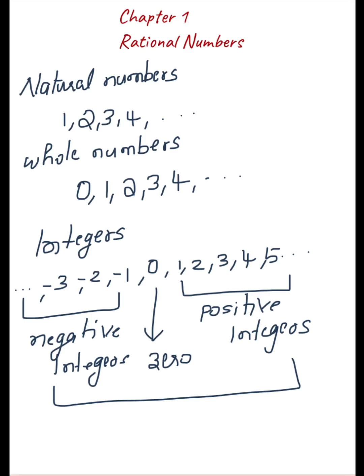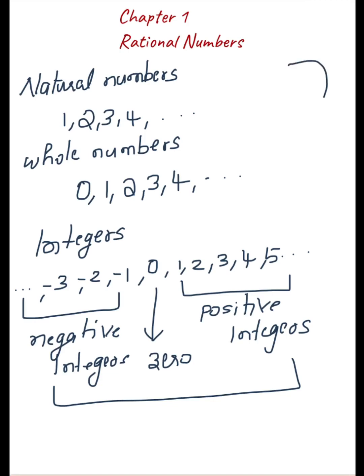Positive integers means simply natural numbers itself, that is 1, 2, 3, 4, 5, etc. Negative integers means the negative of those natural numbers, or you can simply put a minus sign with the natural numbers, then you will get negative integers, that is -1, -2, -100, -101, any example. And 0 will also be there in the case of integers.